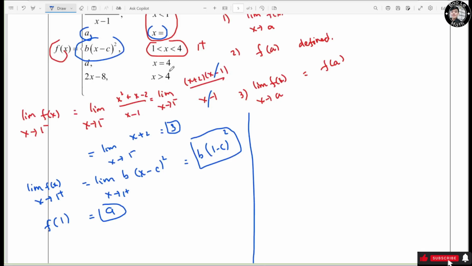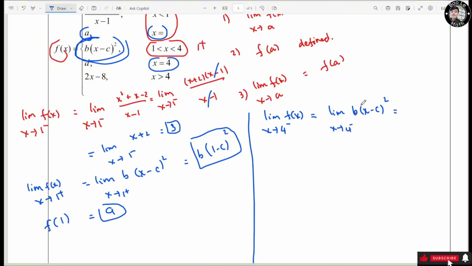We're gonna determine if the function is continuous at s equals 4. So we do exactly the same thing. We have the limit of the function f of s when s approaches 4 minus. Now for 4 minus, we still use this one. So we have the limit of b times s minus c squared when s approaches 4 minus.